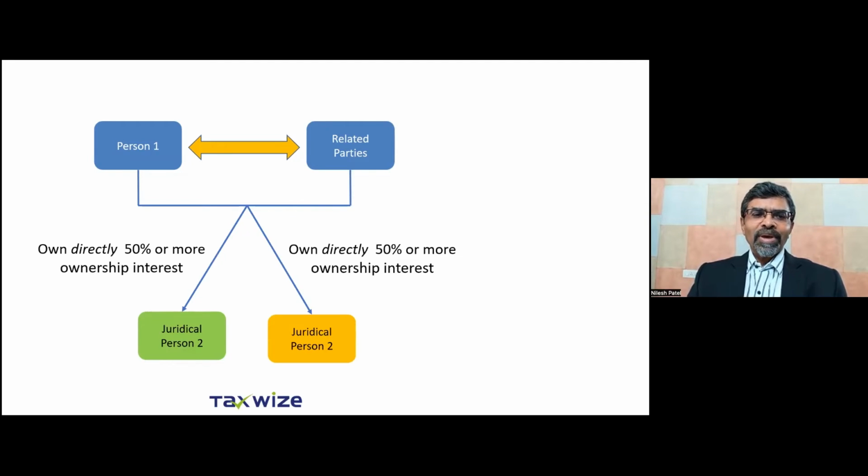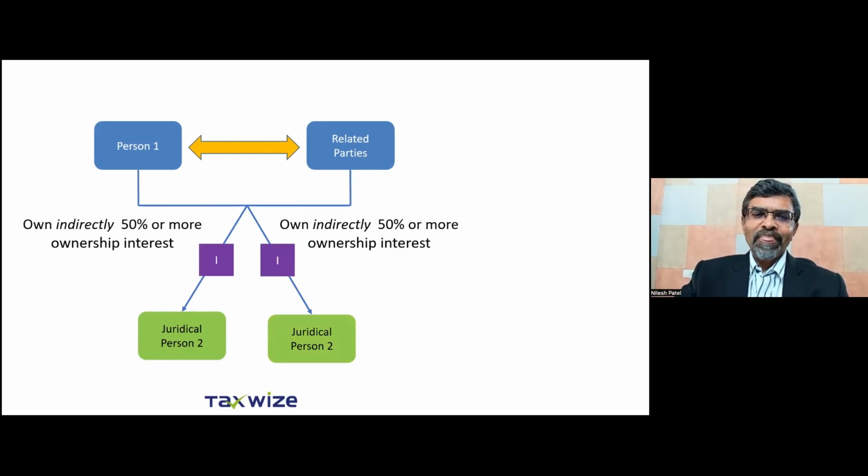In this case, the person along with her, his, or its related parties together owns directly 50% or more ownership interest in two or more juridical persons. All these four persons will be related parties. Here, the ownership happens indirectly through intermediaries.